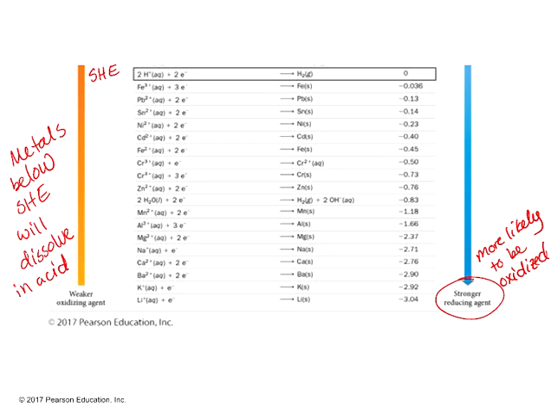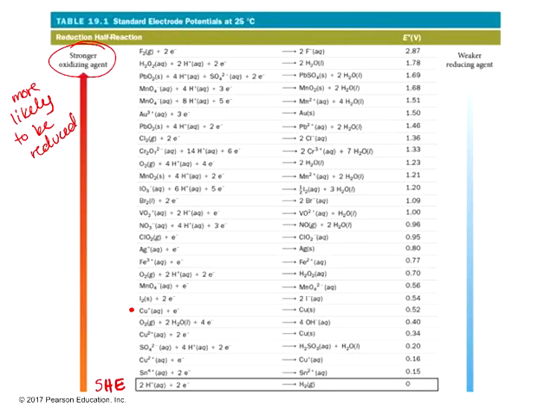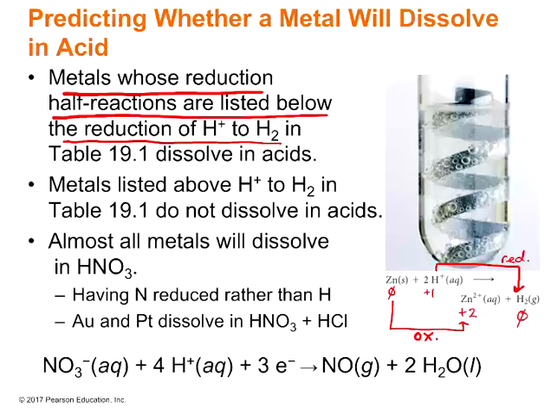We want the metal to oxidize. So again, if something would rather be reduced, then it's not going to dissolve in acid. Okay, so let's go back. Again, metals listed above the standard hydrogen electrode in table 19.1 do not dissolve in acids.